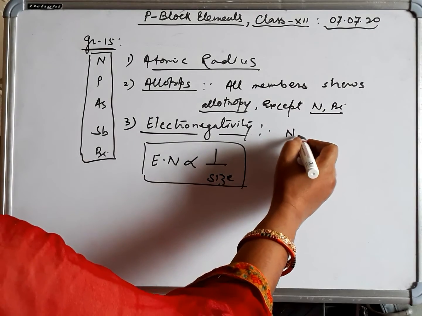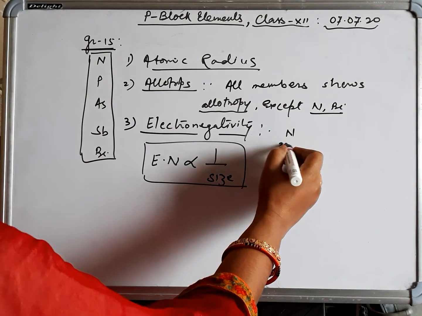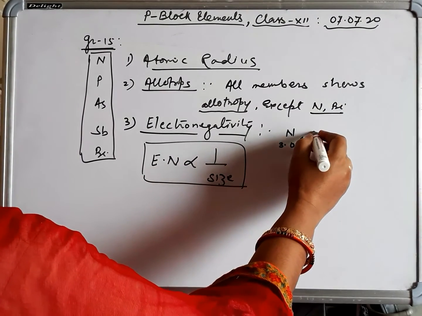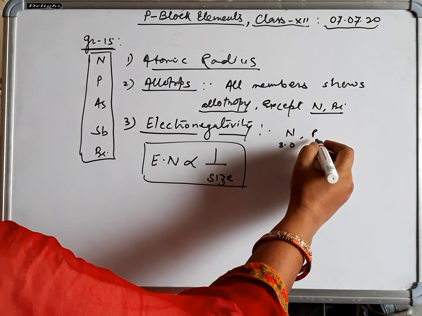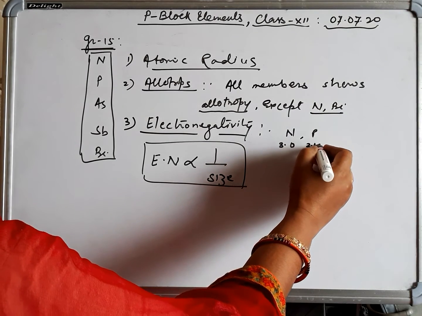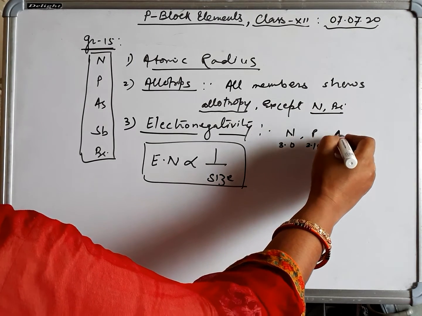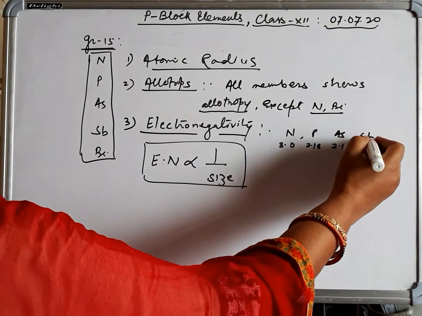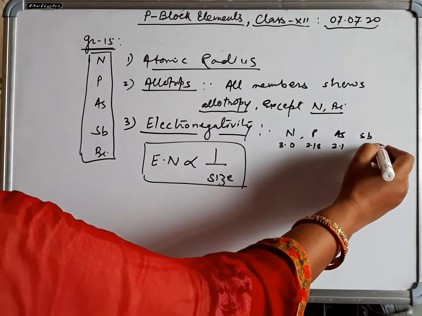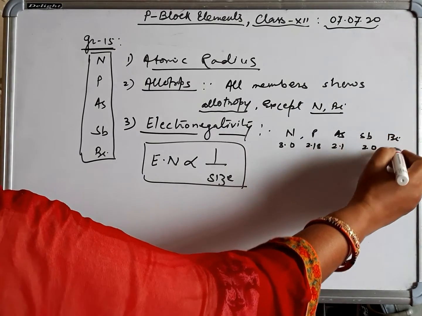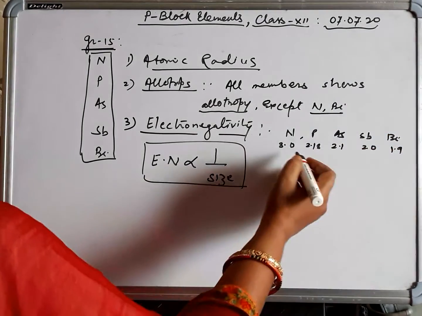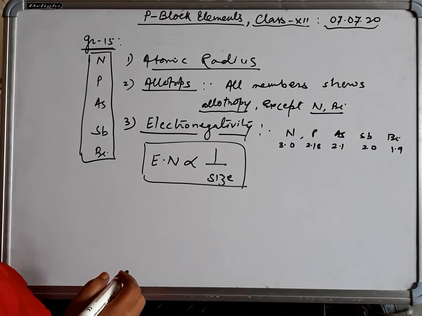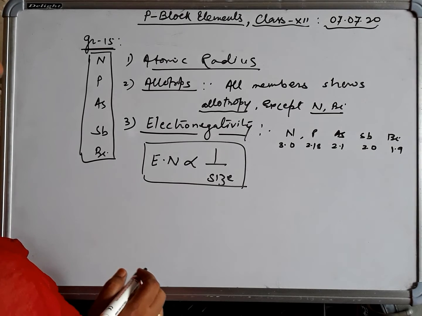and its electronegativity is 3.0. Phosphorus has electronegativity 2.18, arsenic 2.1, antimony 2.0, and bismuth 1.9. So here we can easily find the atom which is more electronegative in nature.